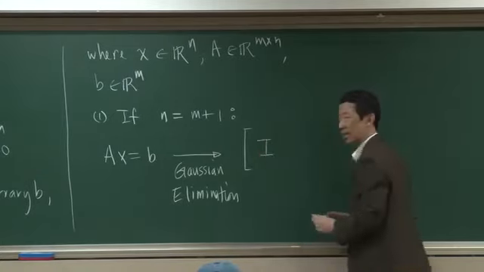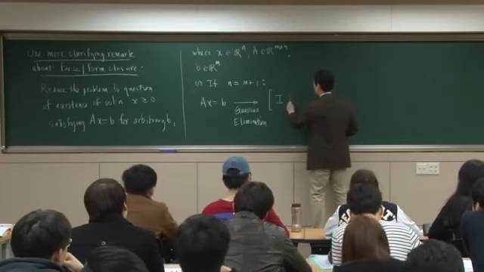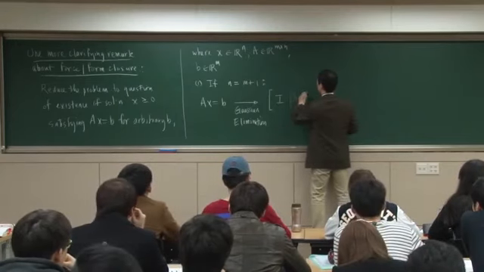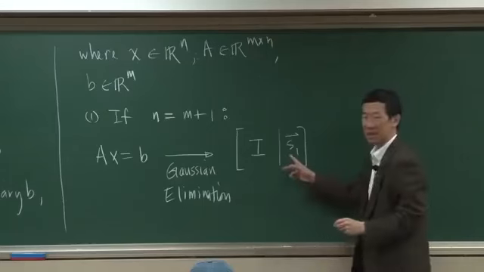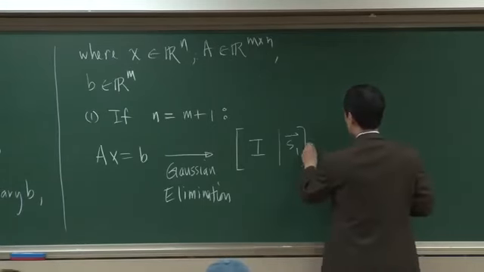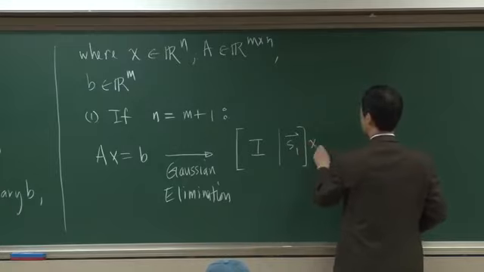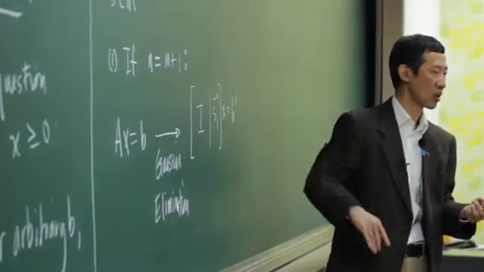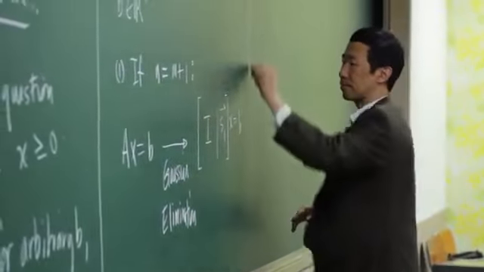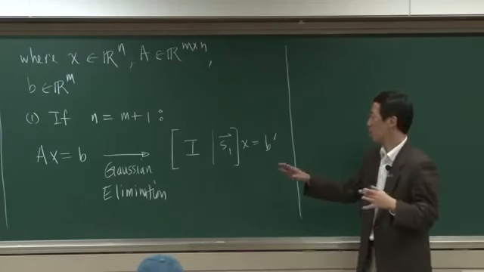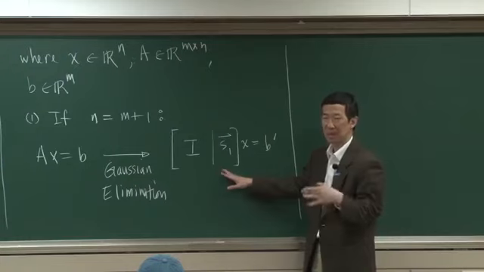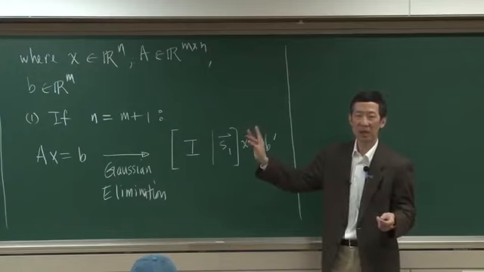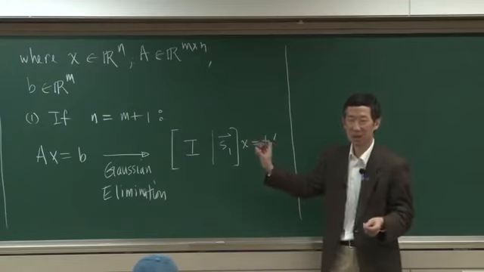It looks like this. So there's an identity matrix here, m by m, and then there's one more column. Let's call that column, say, S1, a column vector. So this times x is equal to B, which is altered to some other B prime after our row operations. Here I spent some time convincing you that if S1 has all entries negative, then a solution exists.